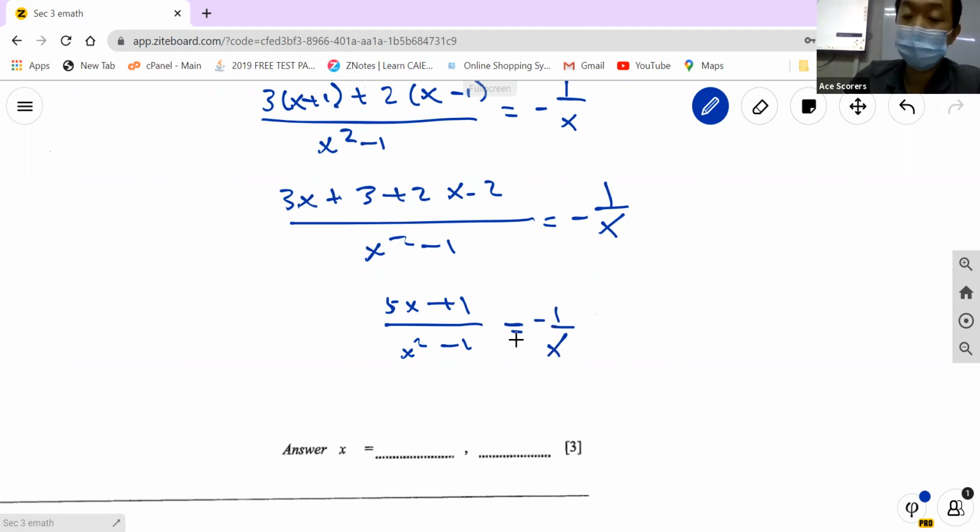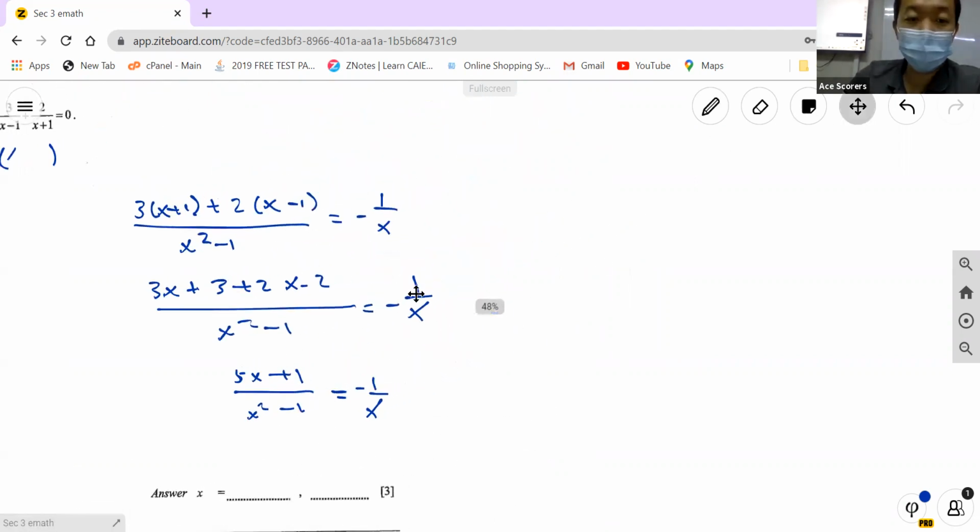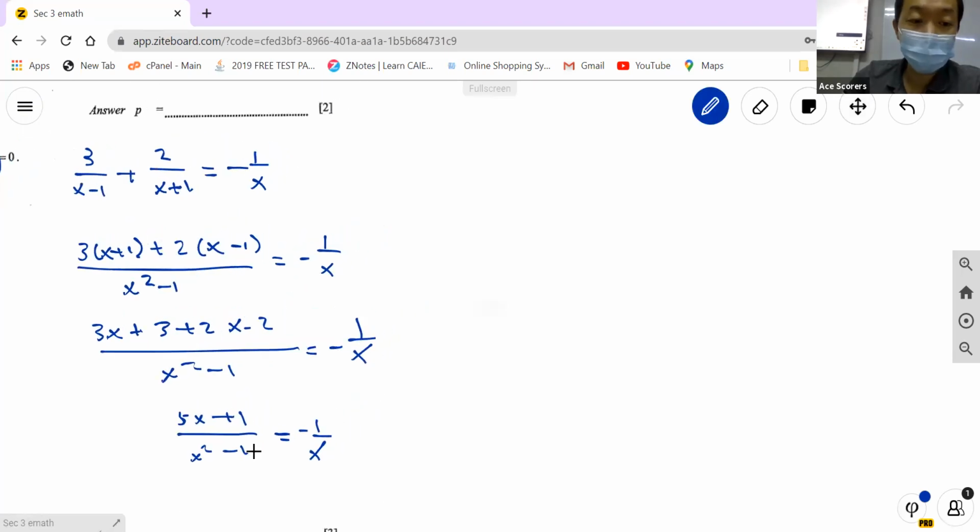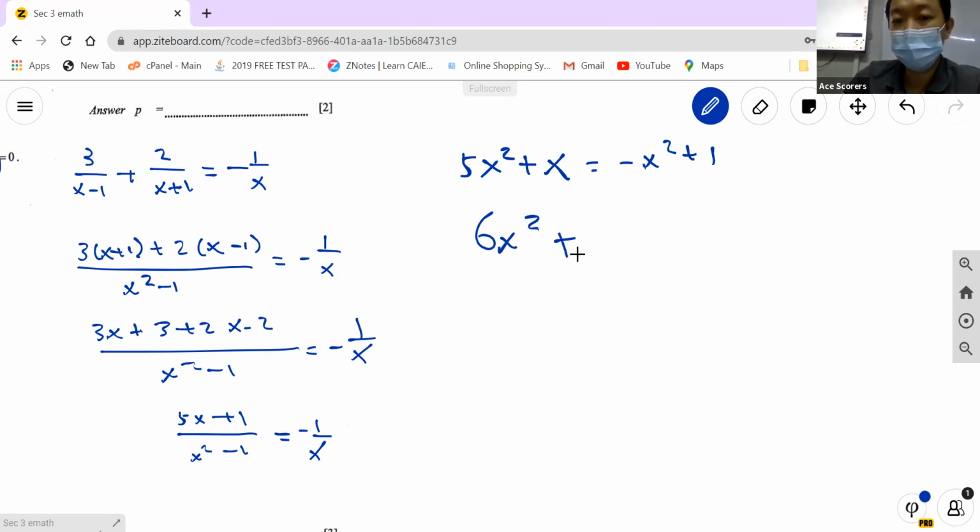Okay, so cross multiply. So the x times here, the bottom times there. What I get is cross multiply, so 5x squared plus x equals negative x squared plus 1. So bring all this over. So 5x squared plus x squared becomes 6x squared plus x minus 1.